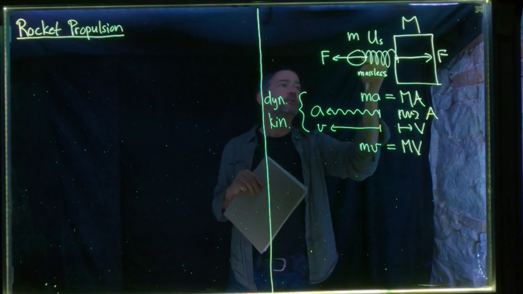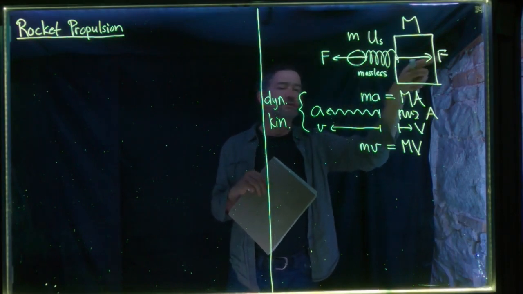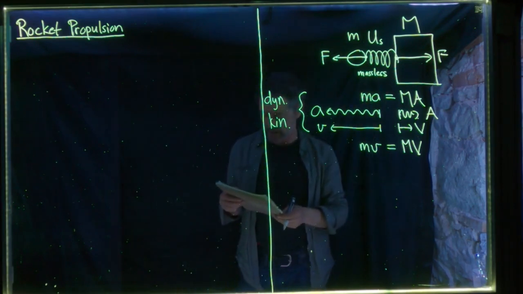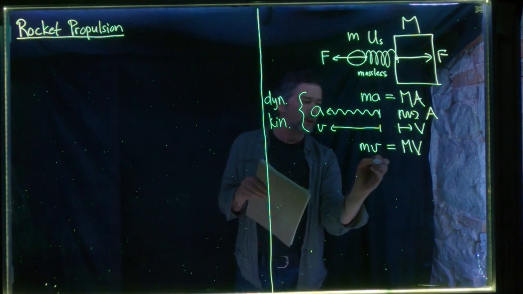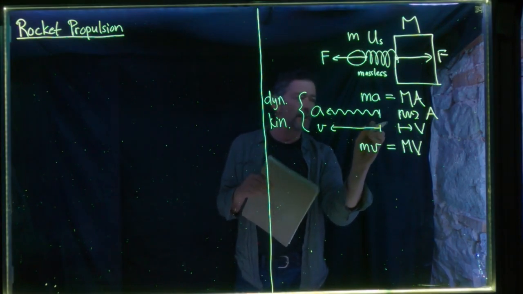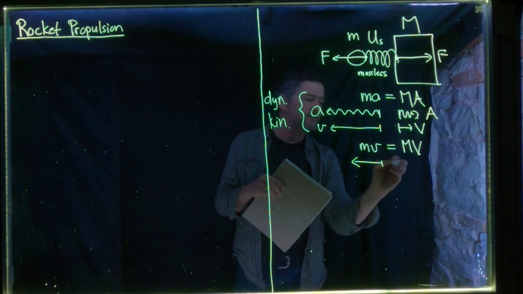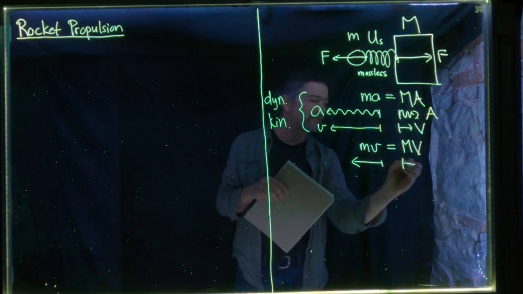There was some momentum transferred to the cannonball to the left, and an equal and opposite transfer of momentum to the boat and the rest of the cannonballs to the right. So m times v, a small mass times a large velocity, is equal to a large mass times a small velocity.